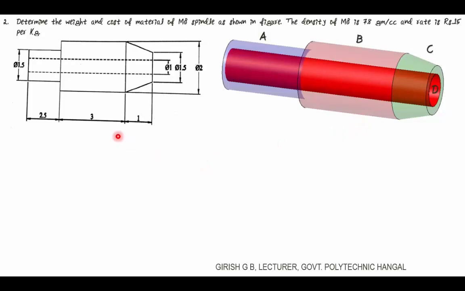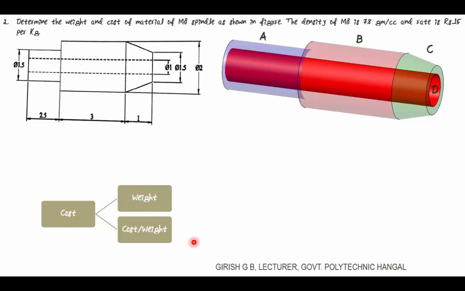We need to determine the weight and cost of material. The cost is obtained as the product of weight and cost per unit weight. They have given cost per unit weight as rupees 15 per kg. We need to determine weight. If we determine weight, we can easily calculate cost.